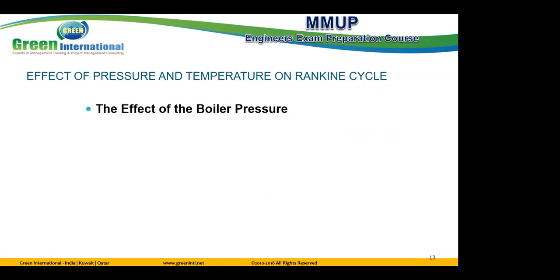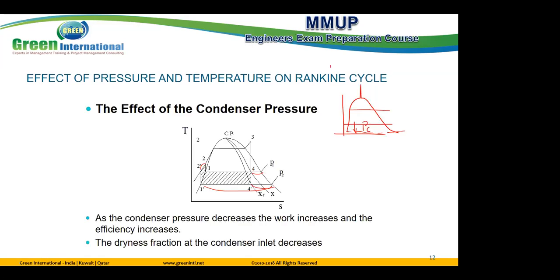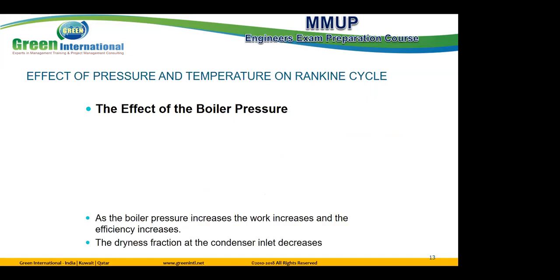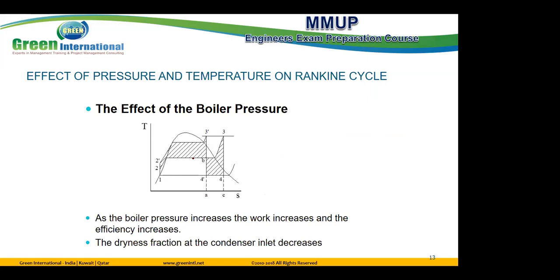Effect of boiler pressure. Boiler pressure is actually the upper one, correct? This is the boiler pressure. So what we will study here is if we increase this pressure line. For increasing boiler pressure, we see that the turbine work also increases.